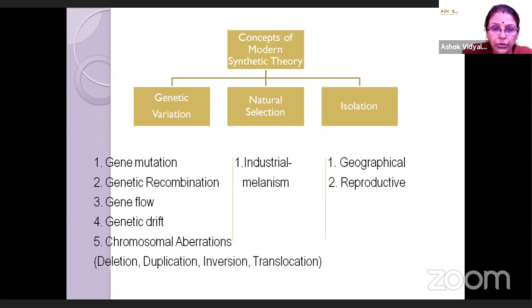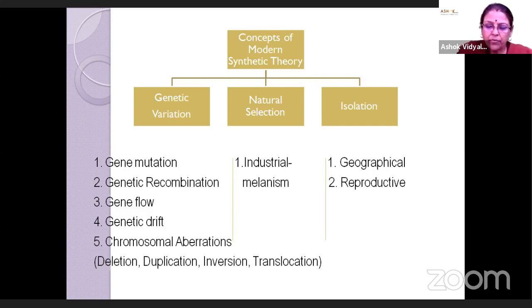Now, let's switch on to the gene flow now. What is gene flow? It is also called gene migration. Flow, the word moves from one to another. Okay, or it transfers from one to another. That is the gene flow. Gene flow is the transfer of genetic material from one population to another.